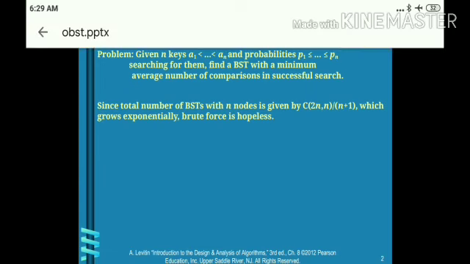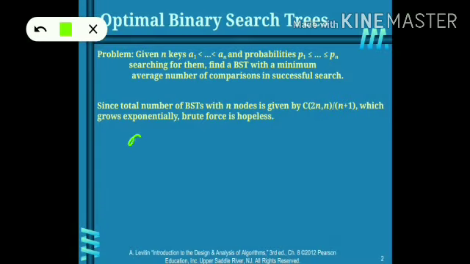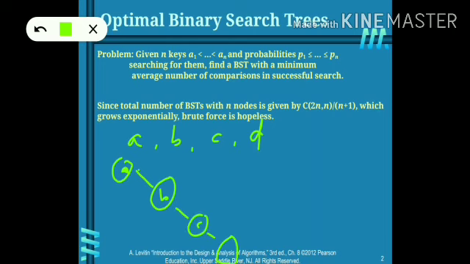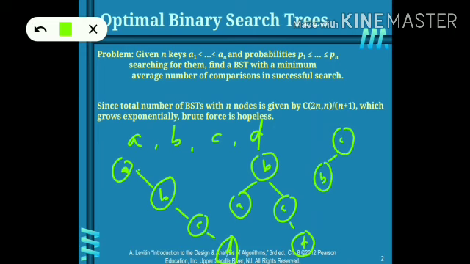For example, given elements A, B, C and D, we can have a binary search tree of the manner A, B, C and D. Or we can have a binary search tree of the manner B, A, C and D. Or you can still have a binary search tree of the manner C, B, A and D.